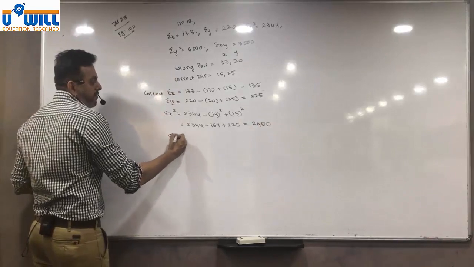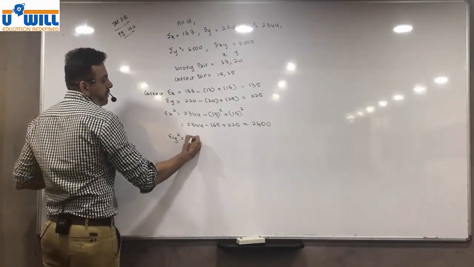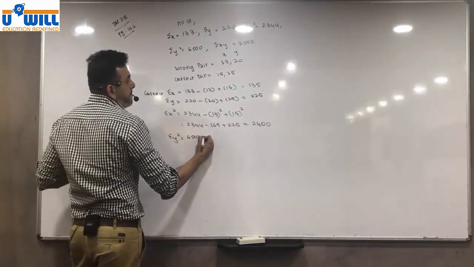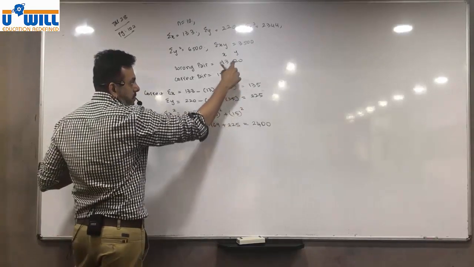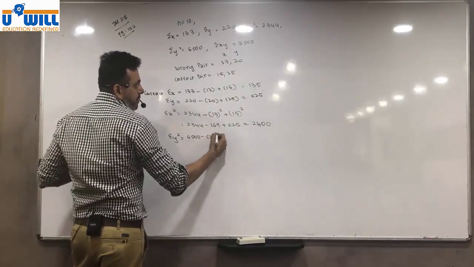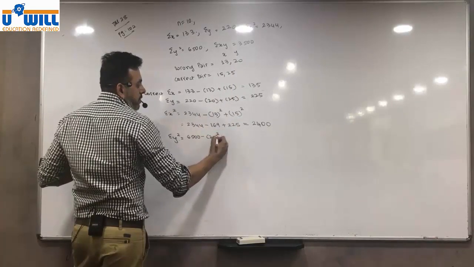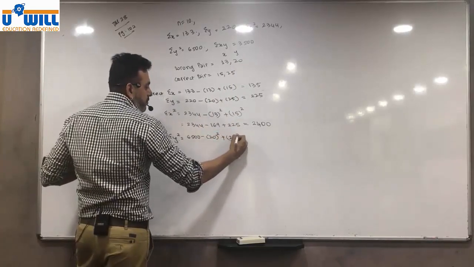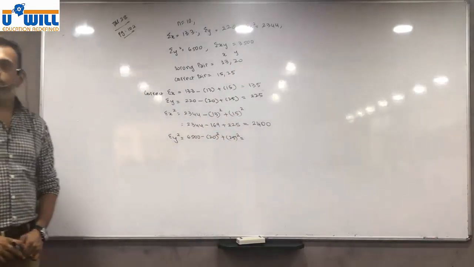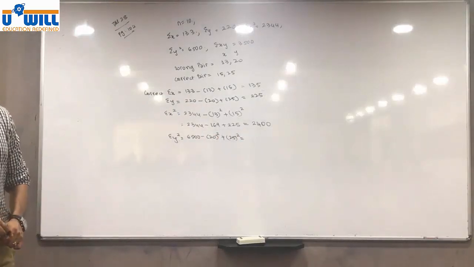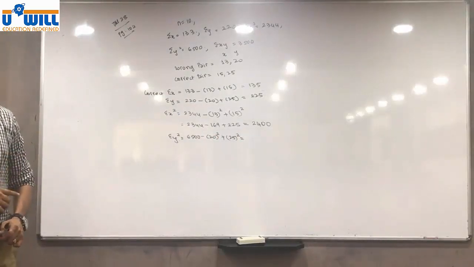Then sigma y square is equal to 6500 minus 20 square and plus 25 square. Is everyone understanding this? If anyone has any doubt, please ask.